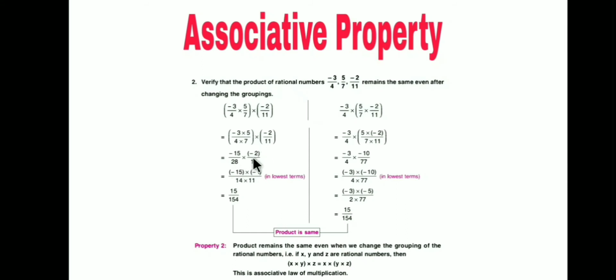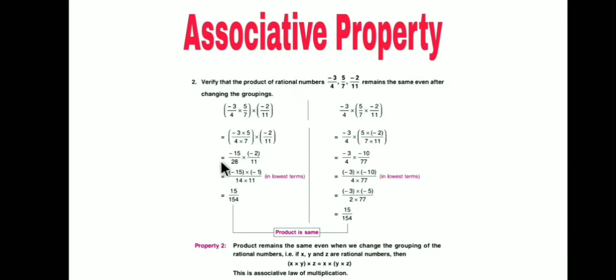The HCF of minus 2 and 28 is 2. 2 ones are 2, 2 minus 1s are minus 2, and 2 14s are 28. So in the numerator we have minus 1 instead of minus 2, and in place of 28 we will write 14.